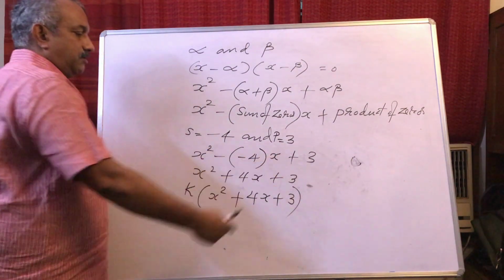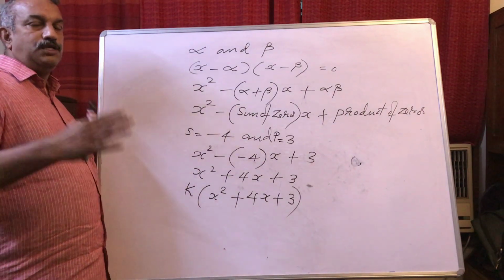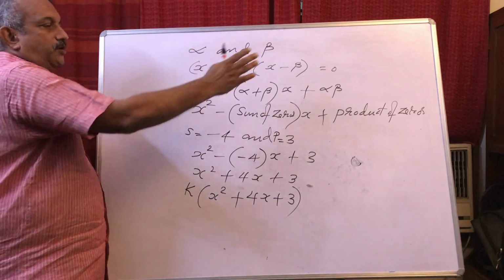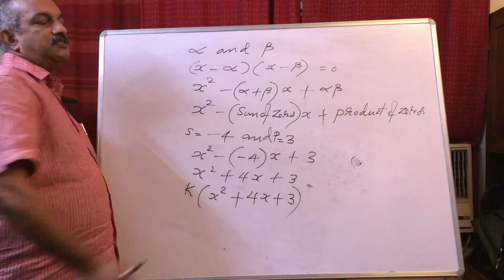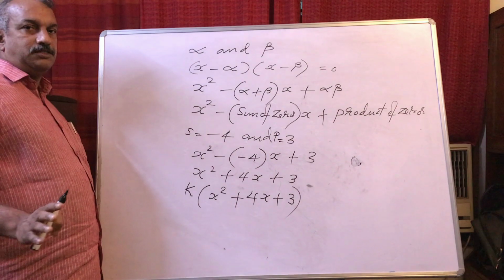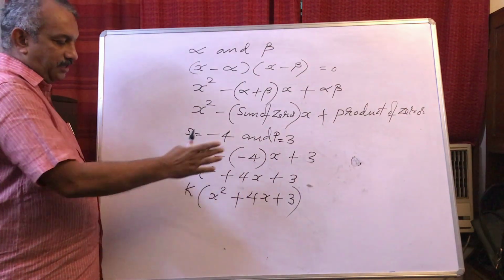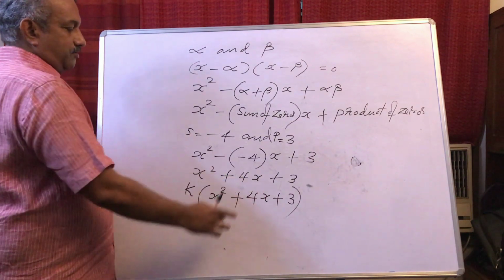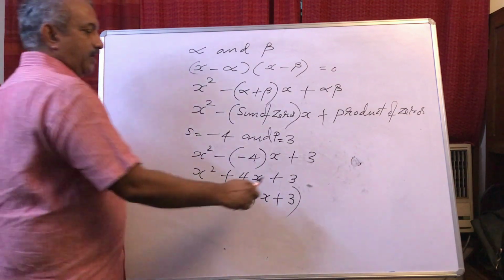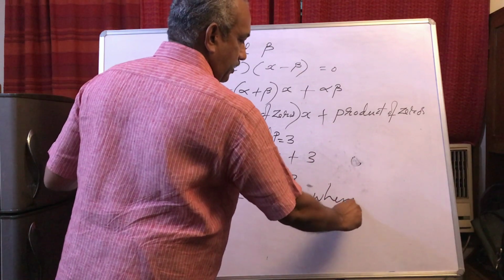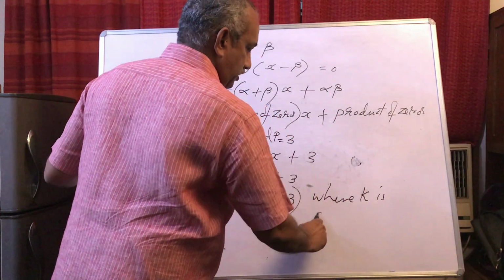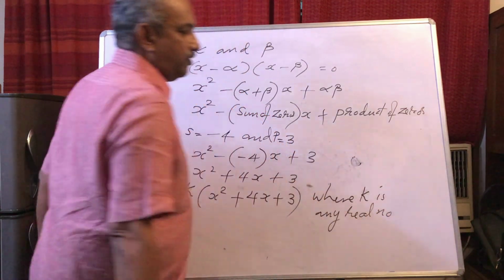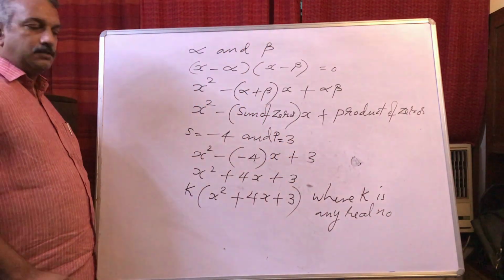If you multiply this polynomial throughout by 2, 3, 4 or root 2, root 3, in every case the sum and product of the zeros will remain the same, minus 4 and 3. It will not change. So at the end, when we write the final answer, we will write k into (x square plus 4x plus 3), where k is any real number.